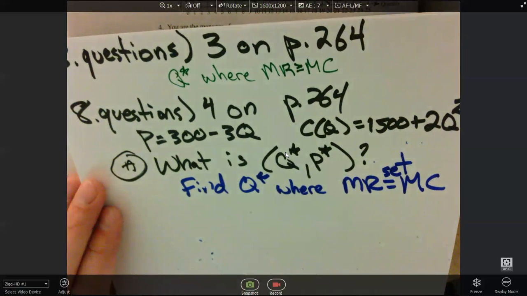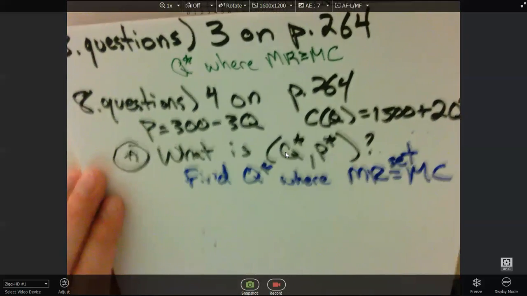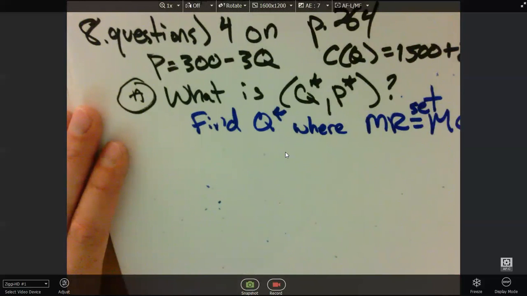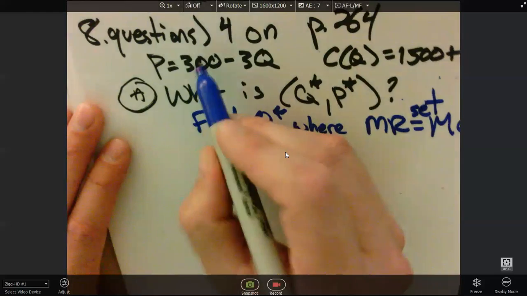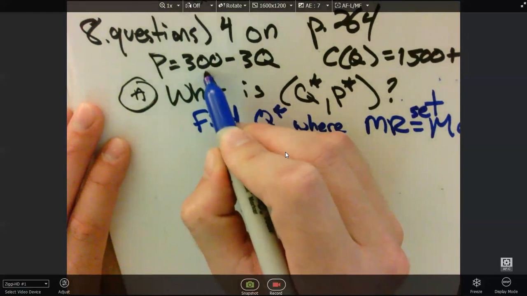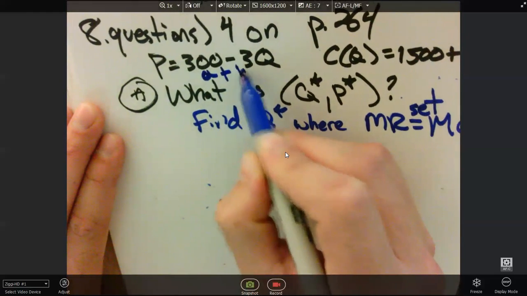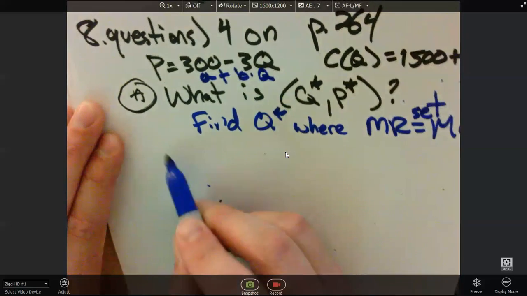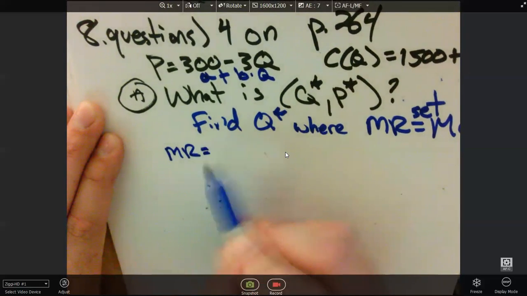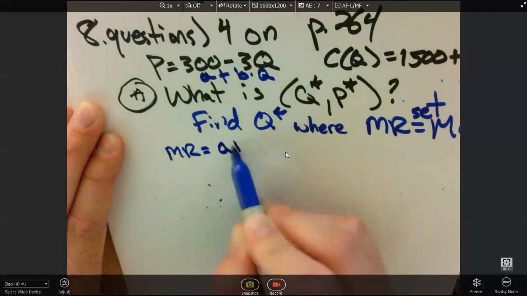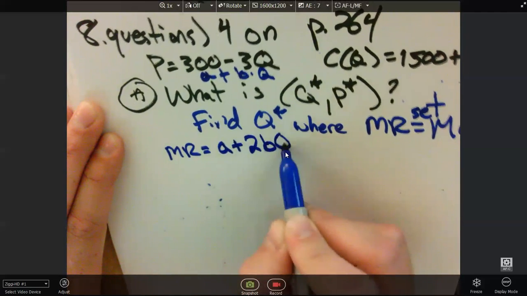So what is our marginal revenue? Remember, there's two ways we can do this. We can label this as P equals A plus B times Q, and we know our marginal revenue is going to be equal to A plus 2BQ.